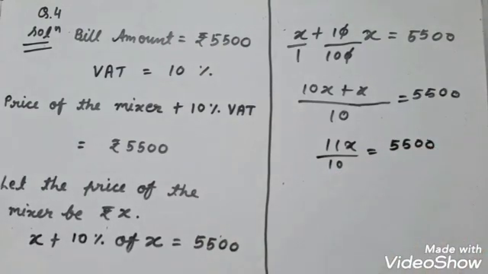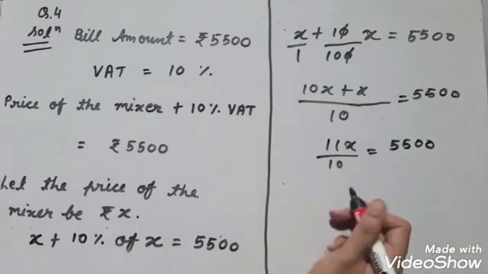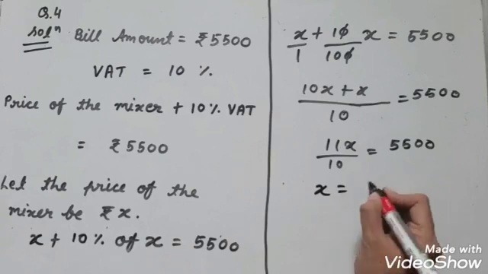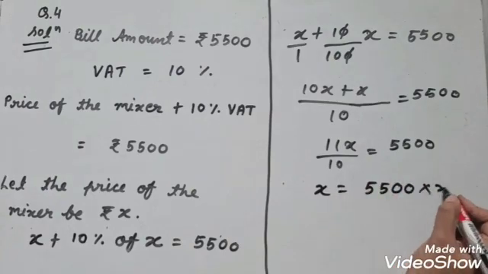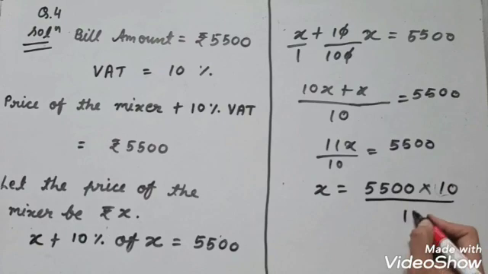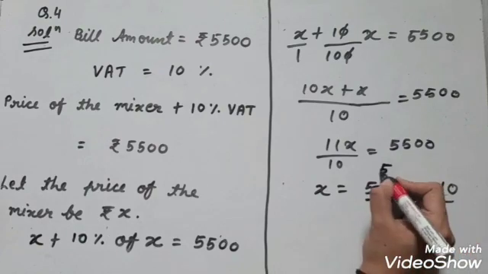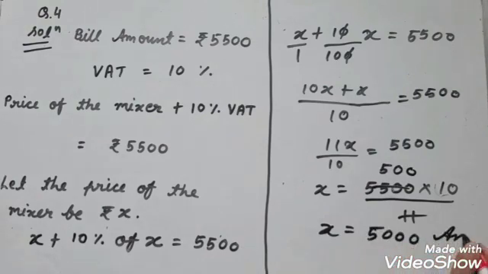Now we will shift 11 and 10 to the right hand side for finding the value of x. So 5,500, 10 is in division, so this side is in multiplication, and 11 is in multiplication, so this side is in division. 11 5s are 55. So the original amount is 5,000. It is the answer.